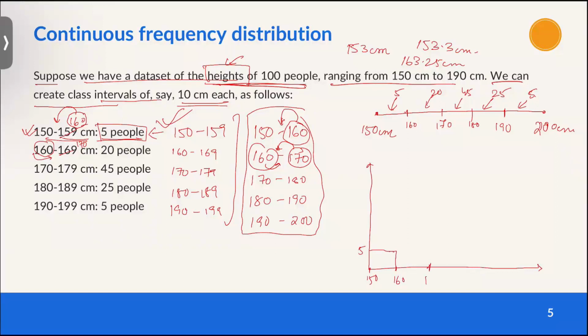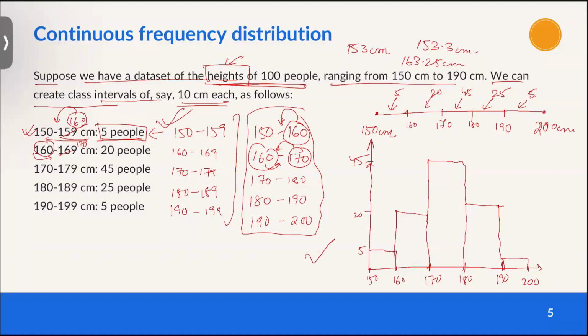From 160 to 170, a histogram of height 20. From 170 to 180, a histogram of height 45. From 180 to 190, a histogram of height 25. And from 190 to 200, a histogram of height 5.